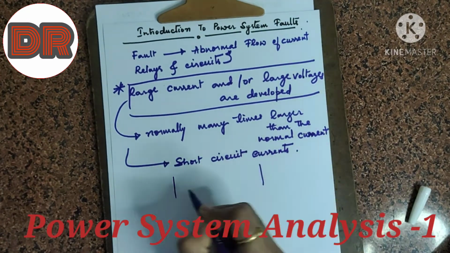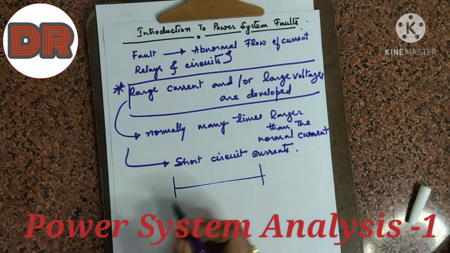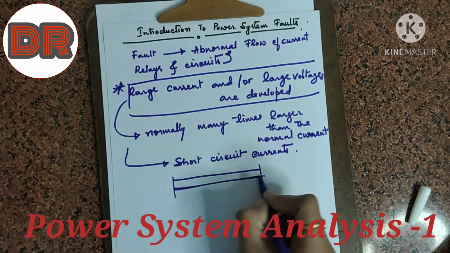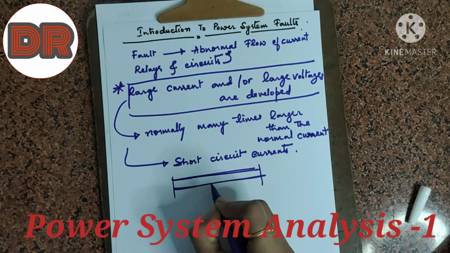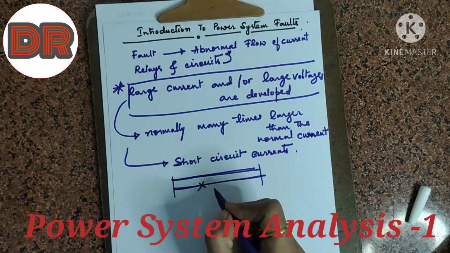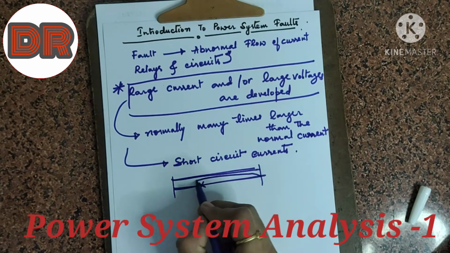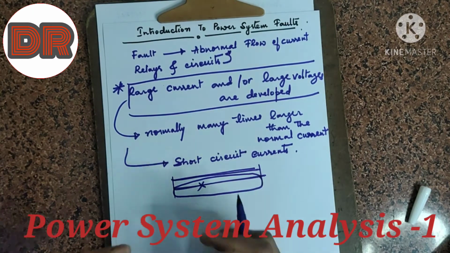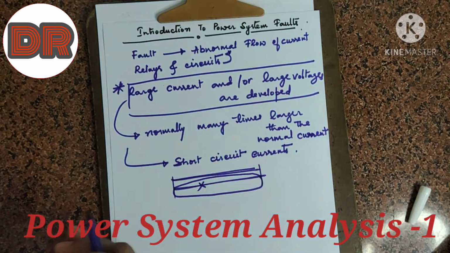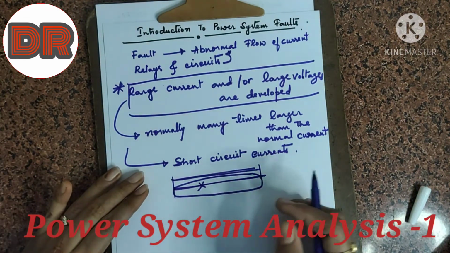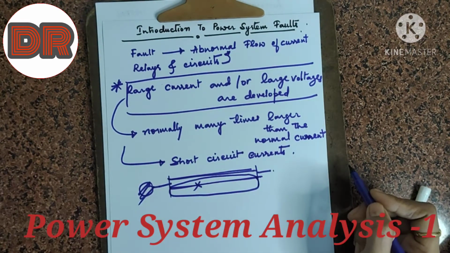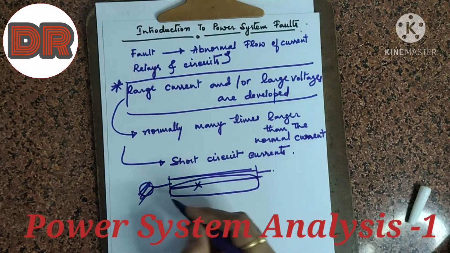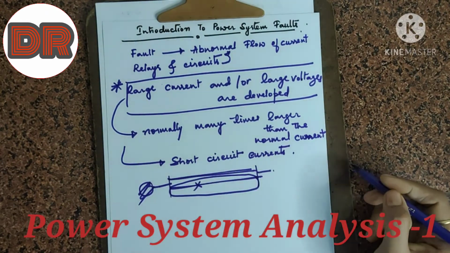Say this is a line diagram of the power system, and there are two branches and there is a fault in this particular branch. This faulted section has to be immediately separated from the healthy part of the system so that the other parts of the system are not disturbed.